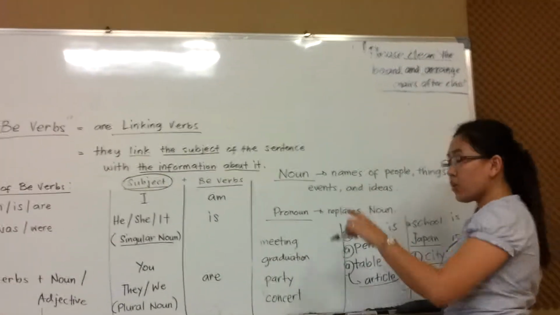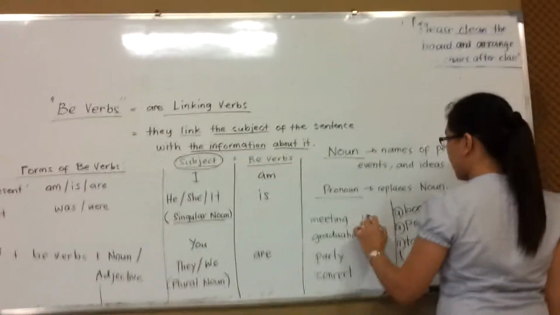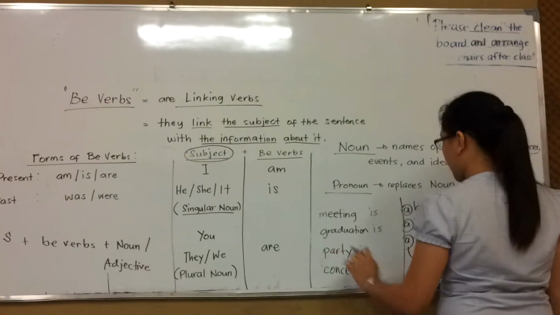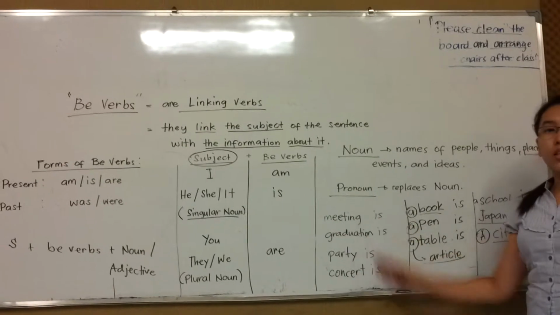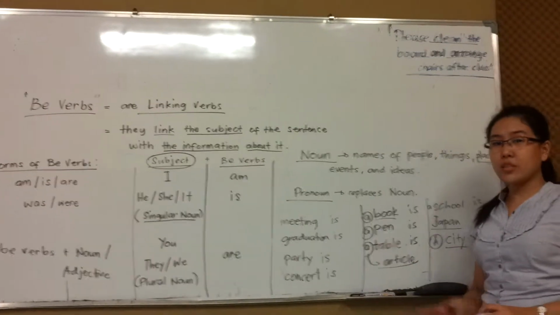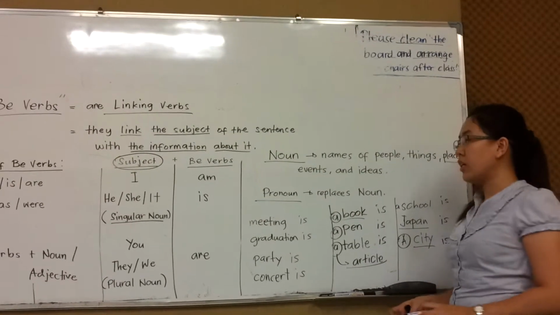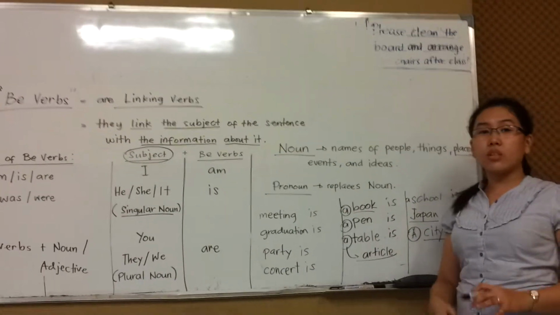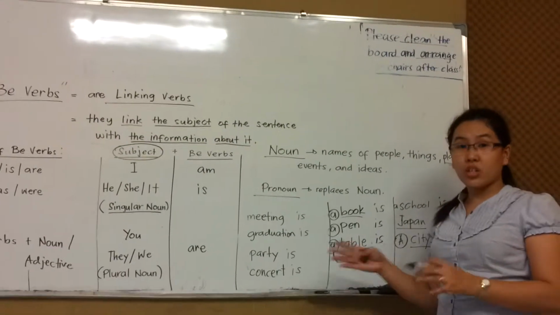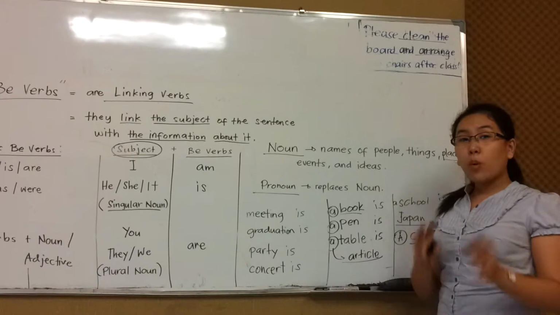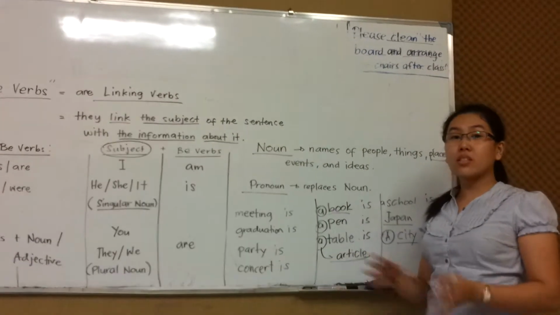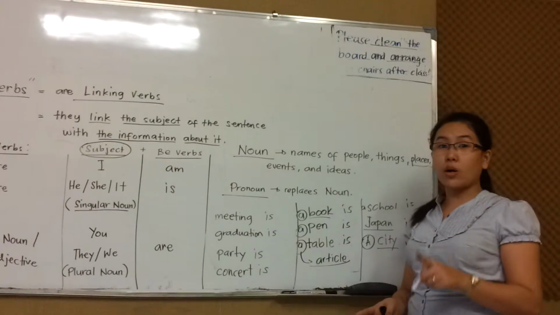Okay, so you can also use them with is. But with these words, you can use the or a for your article, alright? So it's also possible, okay? So you say the meeting is, the graduation is, the party or a party is, a concert or the concert is, alright? Singular, only one.